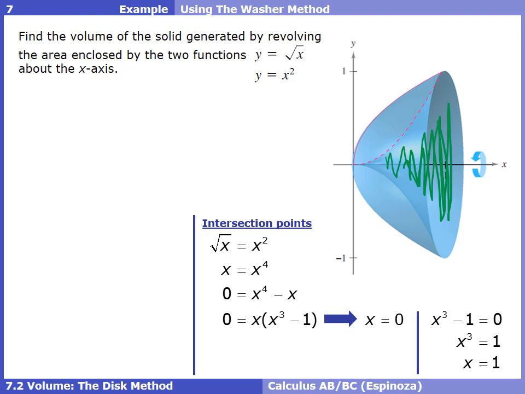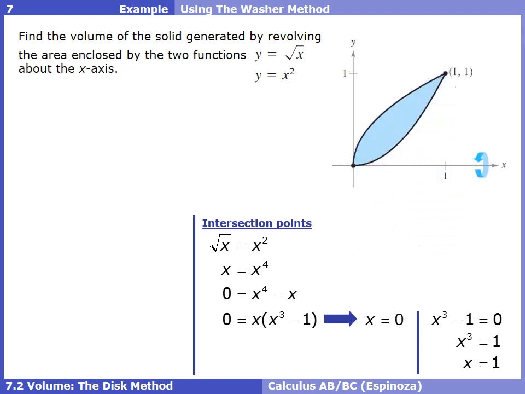Okay, once we go through all of that, and again, with a lot of these problems, I think the setup and the picture that you're going to draw is really the key to making them work out well. Once you figure out all that, we can start setting things up here. We're rotating about a horizontal line, so we need to draw in our representative rectangle vertically. Once we do that, the key to doing these, I think, is really labeling where the big R is and where the little r is. So be very careful.